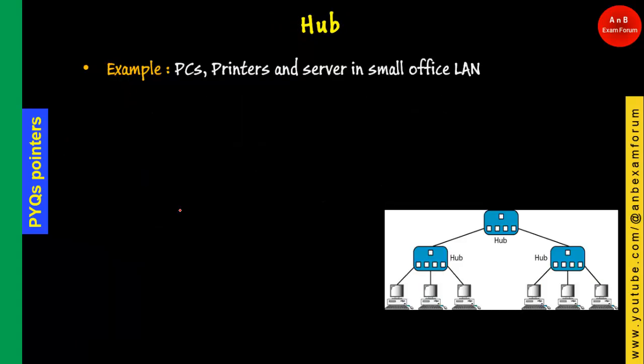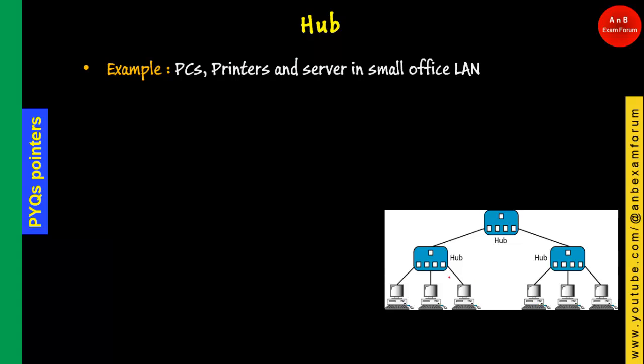Coming to the hub, for example, you are working in an office and you want to give a print. There are many PCs connected to the printer using some star topology. In that case, you need a hub. For example, this is your PC and this is the printer.